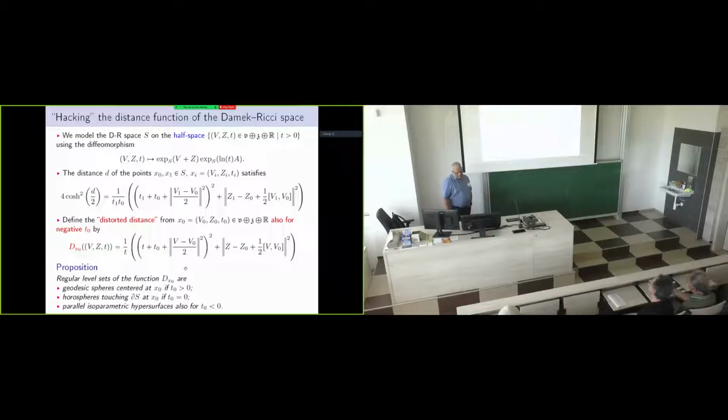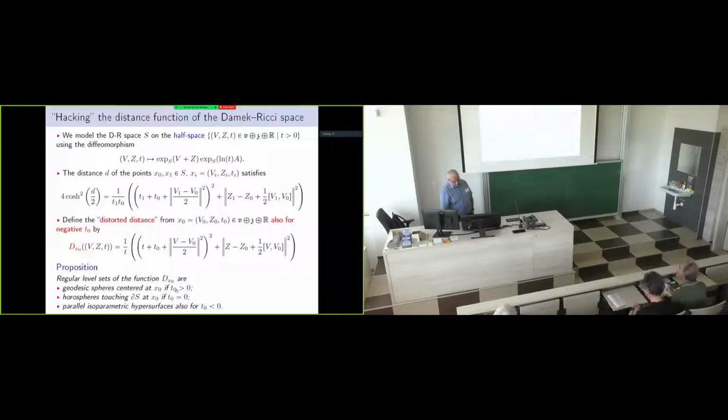I'll call this a kind of distorted distance function from the center x0. One can see that the level sets of this dx0 are ordinary geodesic spheres when this center x0 is in the upper half space, when its last coordinate is t0.